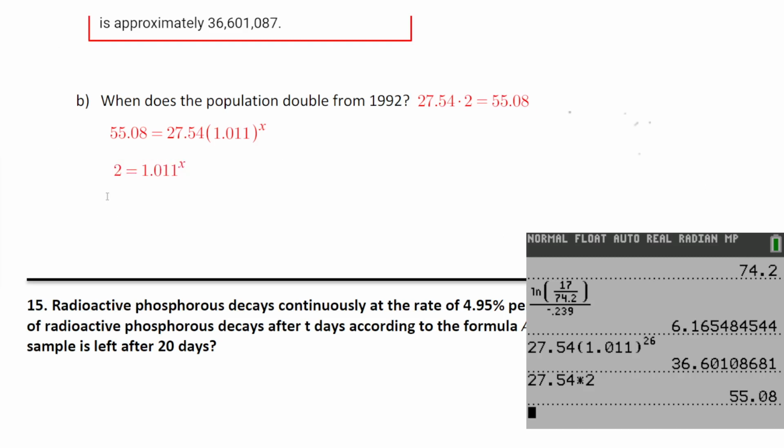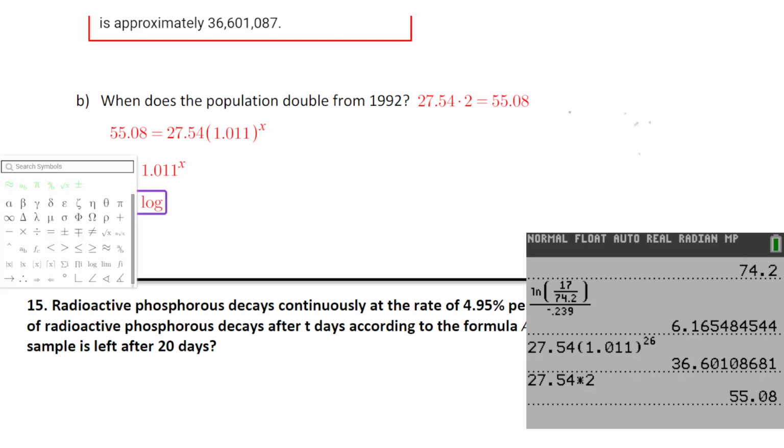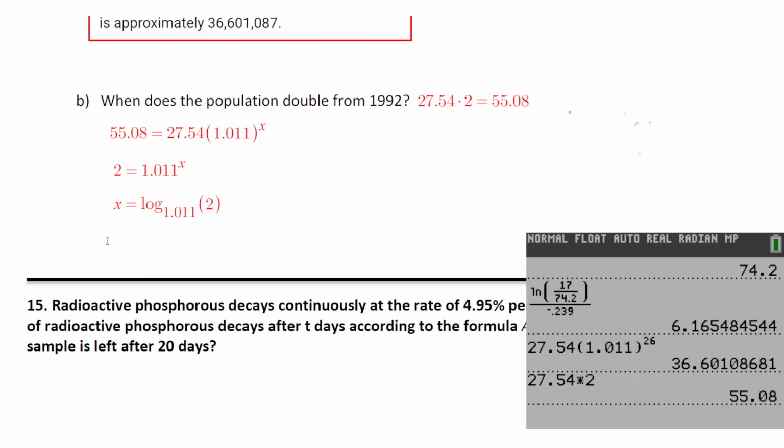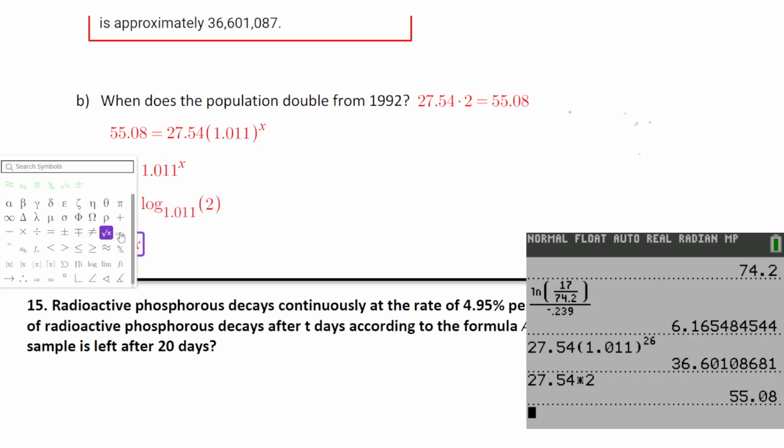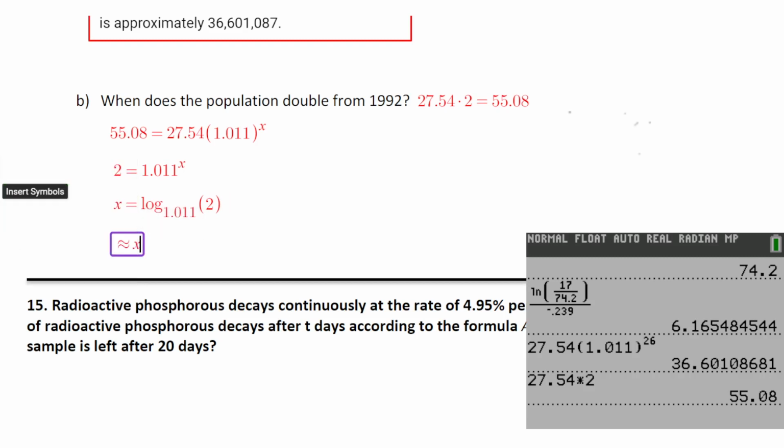Now we want to rewrite this as a logarithm. So x is going to equal log base 1.011 of 2. We're just going to type that in the calculator to get an approximate value for x, and then we'll write our final answer here.